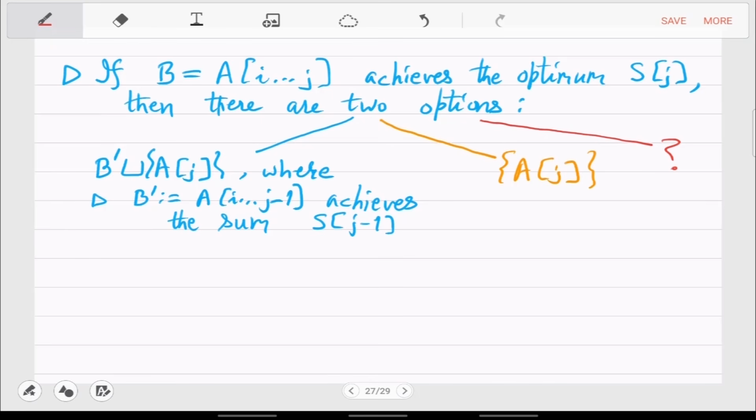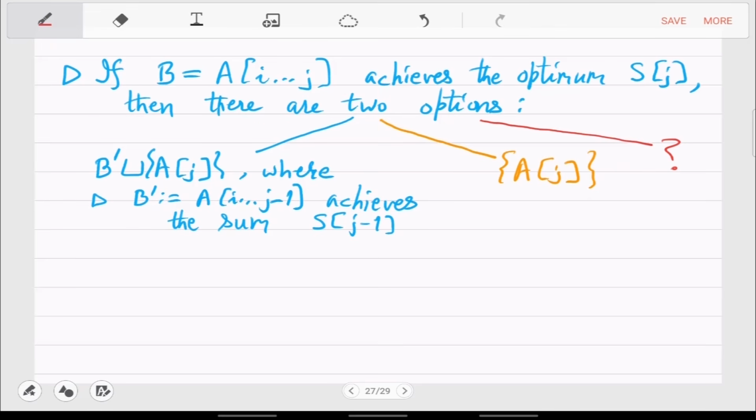Sorry? An array is given with all negative entries, you can take 0. No, if all the entries are negative, you don't have 0 present. Then you have to take Aj alone, so Sj will be equal to just Aj. So there is no third option which can give an improvement.